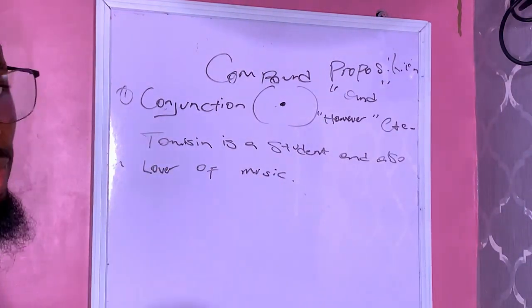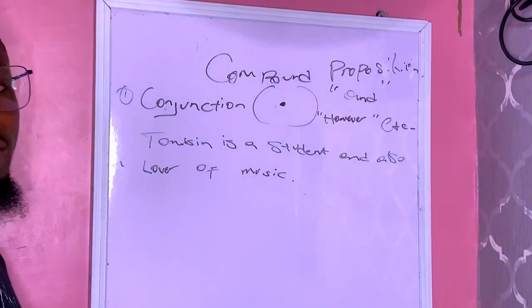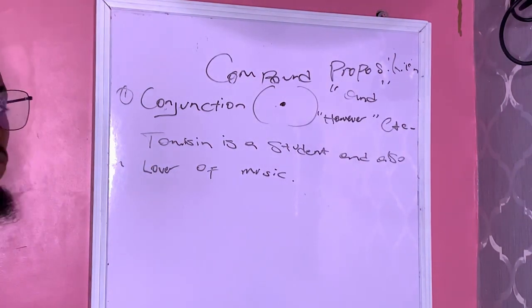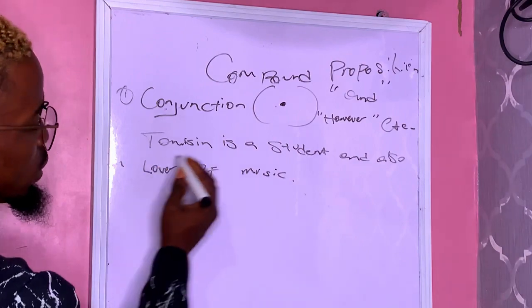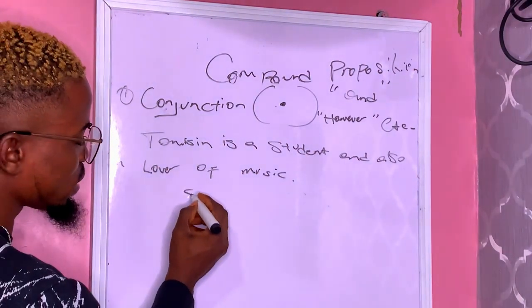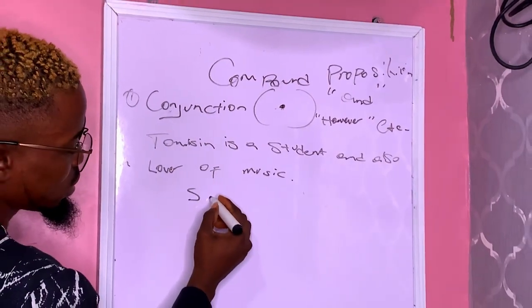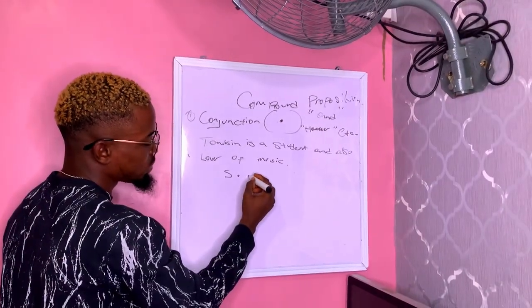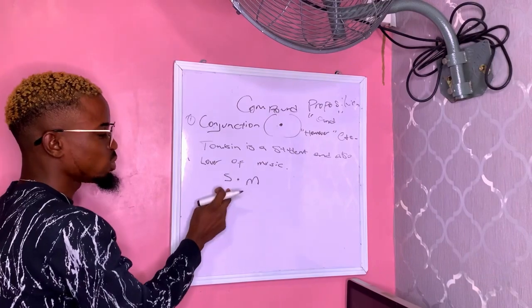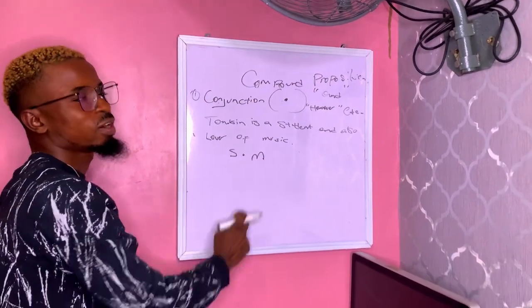This particular statement is like saying Tomisin is a student and Tomisin is also a lover of music. So if I want to symbolize this, Tomisin is a student, let's say I'm representing it with S, and the "and" I'm representing with this dot. Then lover of music, I'm representing it with M. So I've symbolized Tomisin is a student and a lover of music.